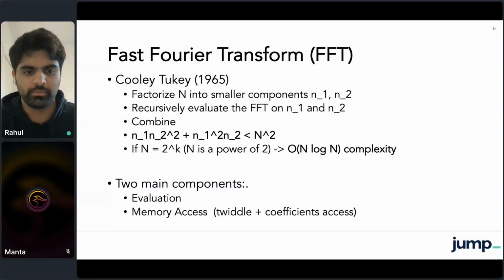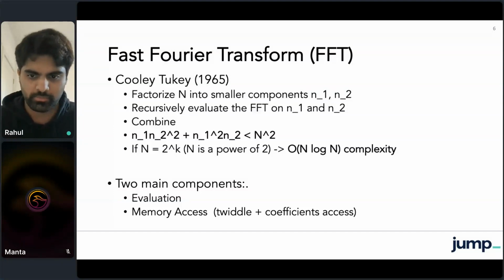You can see that the complexity is reduced. If you set n to be a power of 2, then you get order n log n complexity, and that's the asymptotic improvement that you get in the long run. That was largely responsible for a variety of things. Obviously, the birth of digital signal processing likely would not have been possible without FFTs.